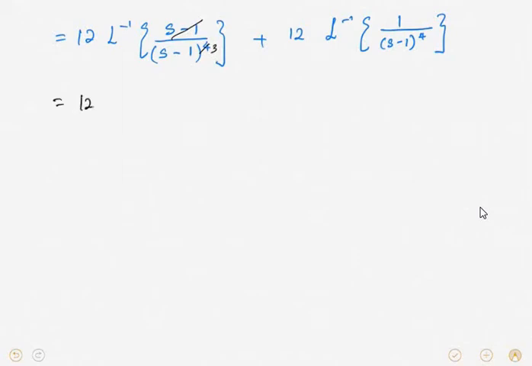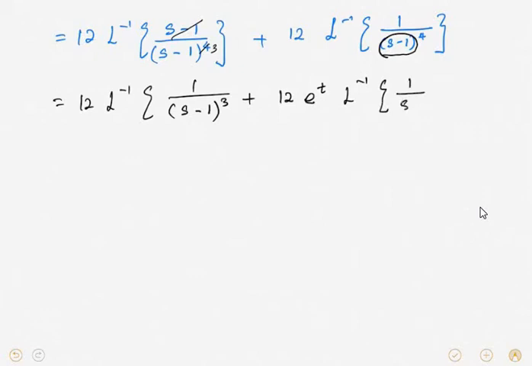So 12 times the inverse Laplace transform of 1 over (s minus 1) power of 3, plus 12. Okay, this one is a shifting. So we change to exponent t, and then we are left with the inverse Laplace transform of 1 over s power 4.